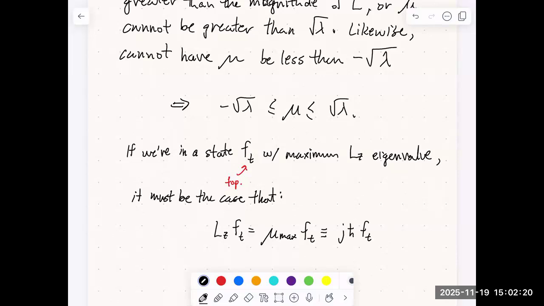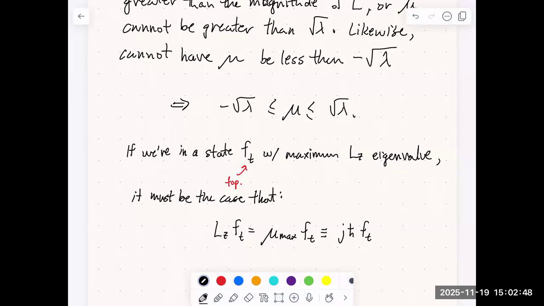Let's think about angular momentum. Angular momentum has units of r times momentum. So it is meters times momentum, which is kilograms meters per second. So overall, it's kilograms meters squared per second. But that's joules times seconds, and that's exactly the units of h bar.